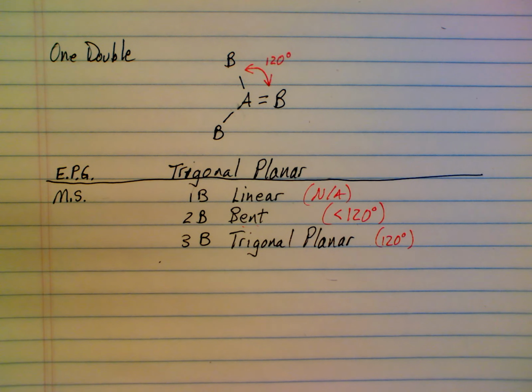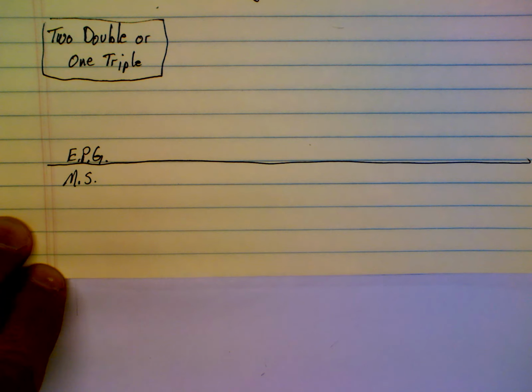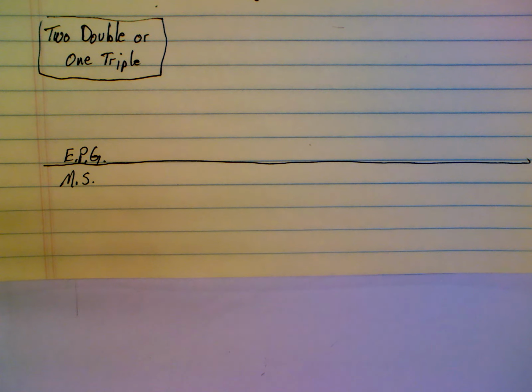So now let's consider when you have two double bonds or a triple bond. When you form two double bonds or one triple bond in a molecule, the molecular shape becomes very simple. When we form that second double bond, it will force everything into a linear configuration.